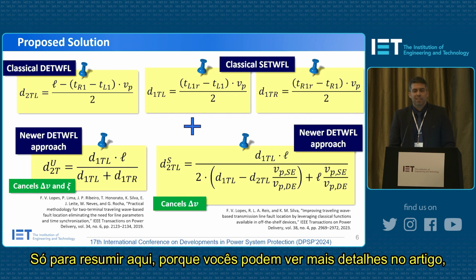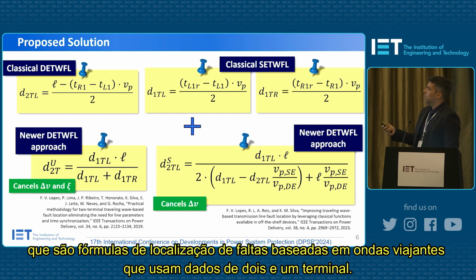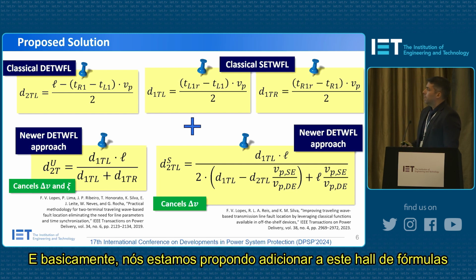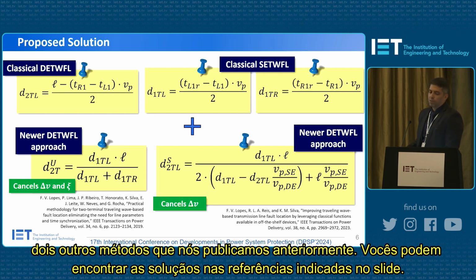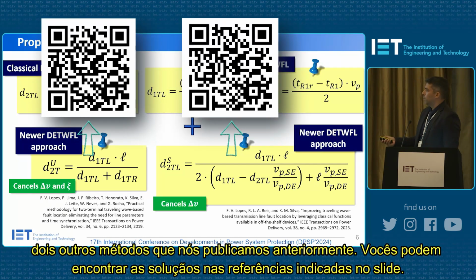Just to summarize here, you can see further details in the paper, but usually off-the-shelf devices use these formulas here, which are the double-ended and the single-ended travelling wave-based fault location formulas. And basically, what we are proposing is to add to this pool of methods two other methods that we have published previously. You can find these solutions in detail in these papers here.